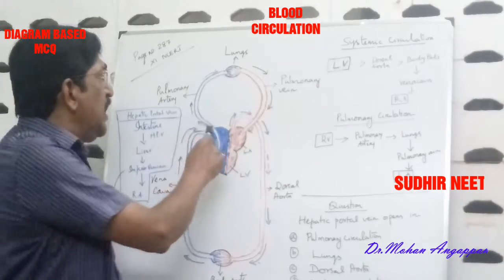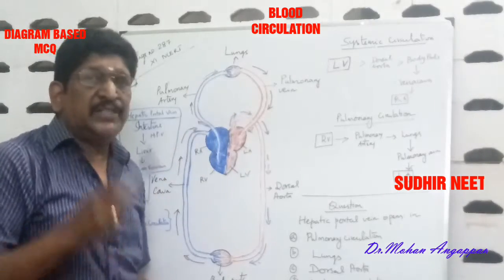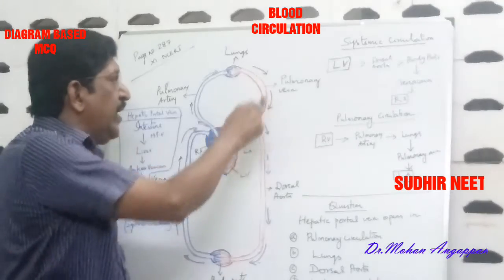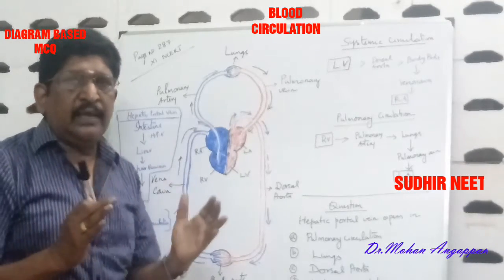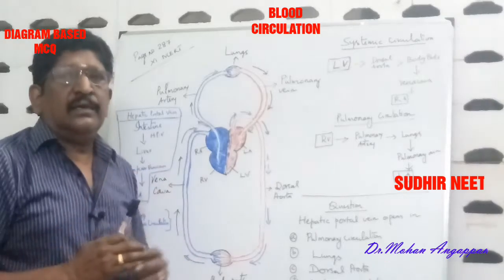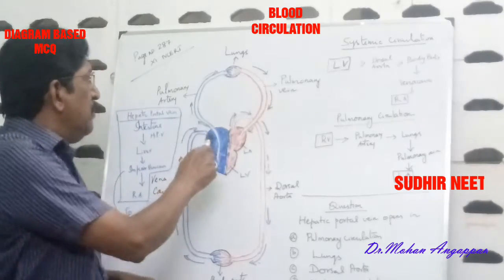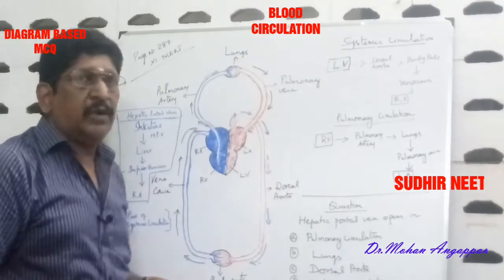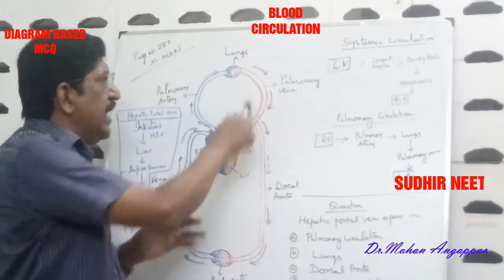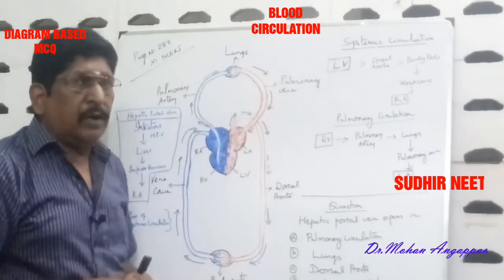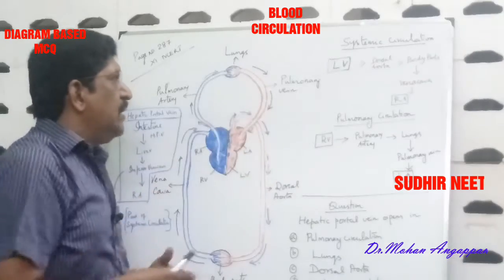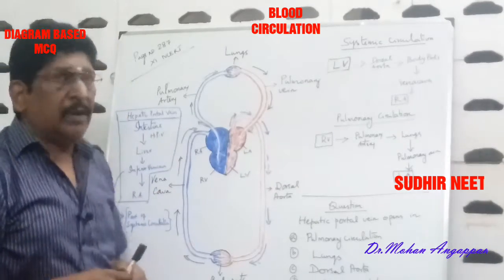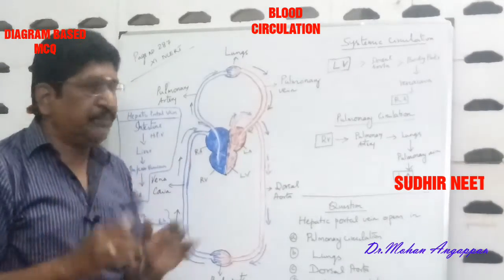Exception, pulmonary artery carries impure blood, pulmonary vein carries pure blood. This you must differentiate. So usually the arteries carry pure blood, exception pulmonary artery that carries impure blood. Usually veins carry impure blood, whereas the pulmonary vein carries pure blood. This you must differentiate.